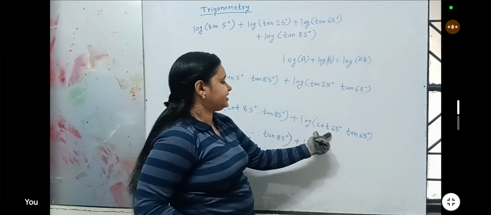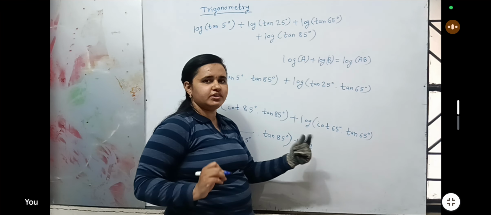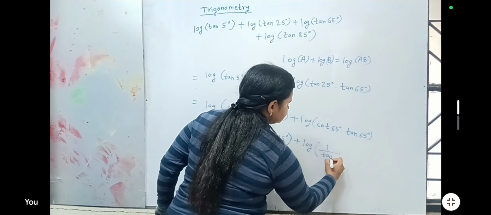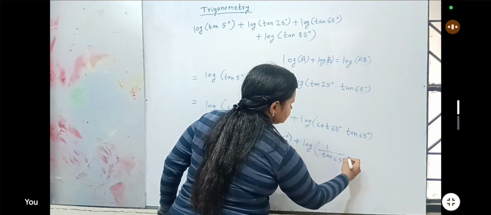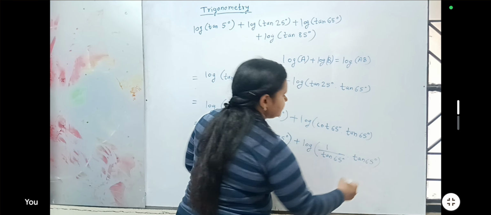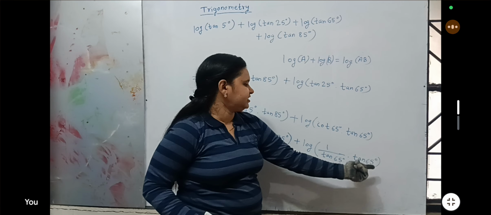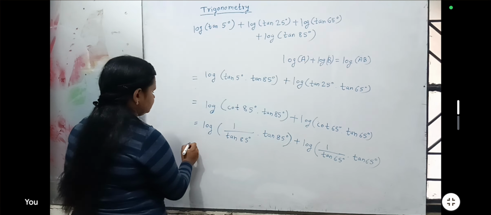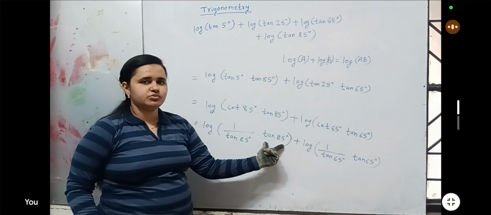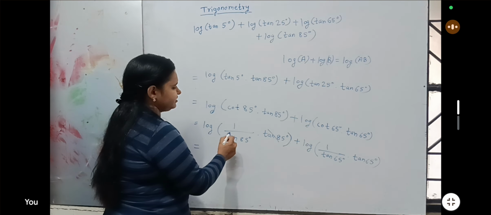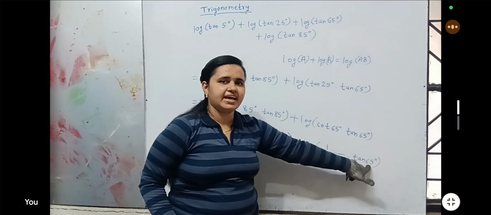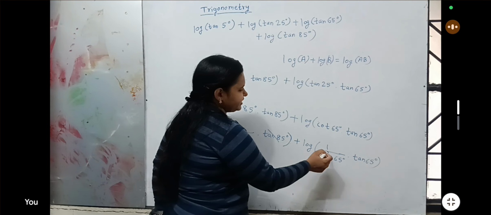Here also we can write cot 65 as 1 upon tan 65, and this tan 65 as it is. Now 1 upon tan 85 and tan 85 will get cancelled. Tan 65 and tan 65 will also get cancelled.